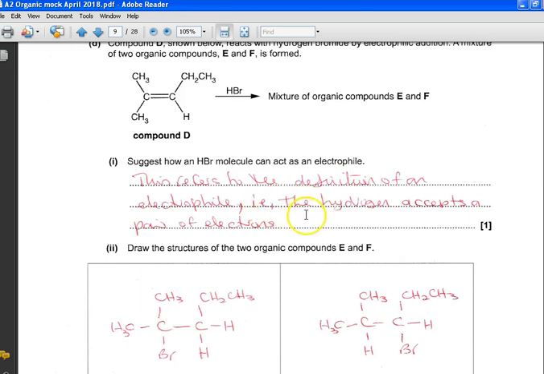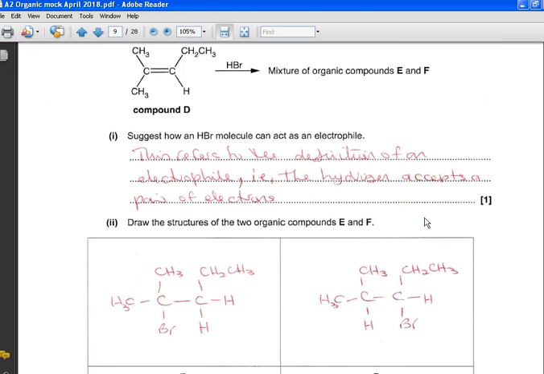So this, you needed to refer basically to the definition of an electrophile and show how it applied to hydrogen bromide. So obviously an electrophile is a substance that accepts a pair of electrons. So if you'd said the hydrogen accepts a pair of electrons, that was fine. You didn't need to go into detail about it approaching the electrons and stuff, because it is a polar molecule.